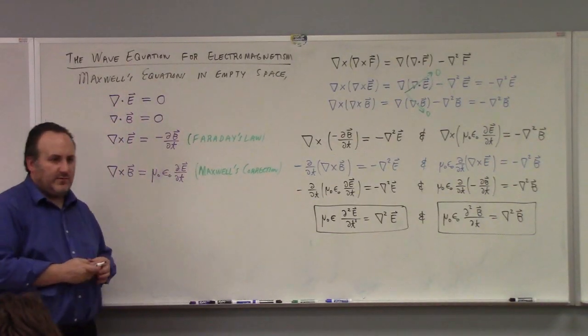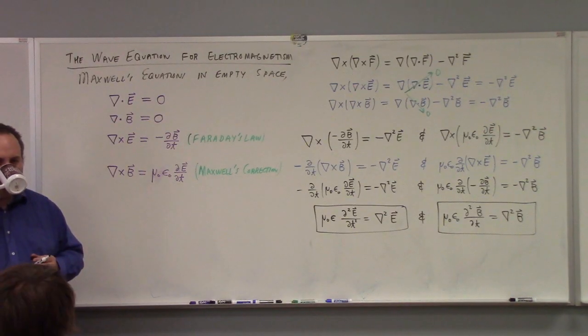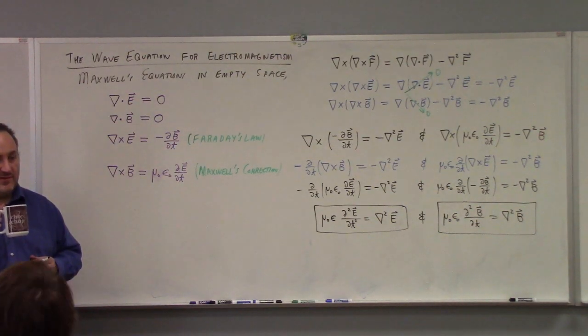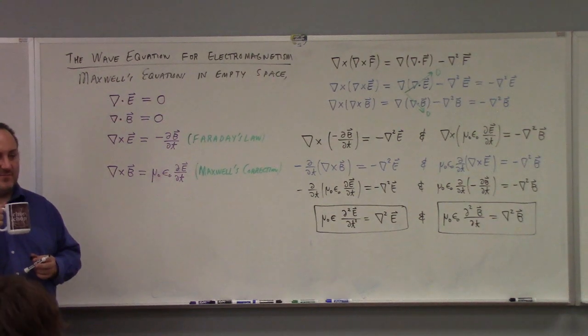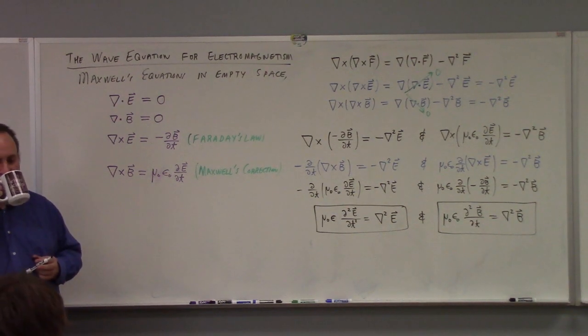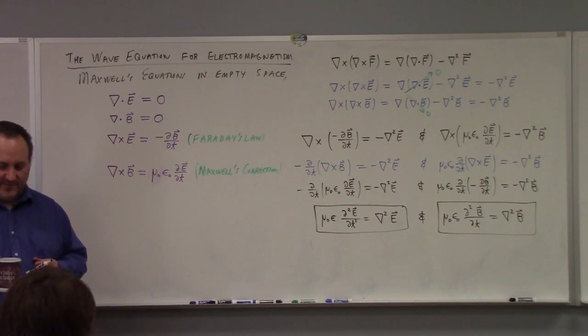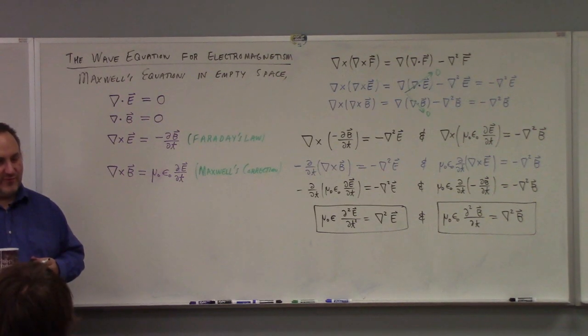Have you guys talked about wave equations in your previous physics classes? Online modern physics. What's that? You don't talk about the wave equation in online modern physics? No, they did. Oh, but it's online, so it didn't count. That is the spirit I want to see promulgate in the residential physics major here.